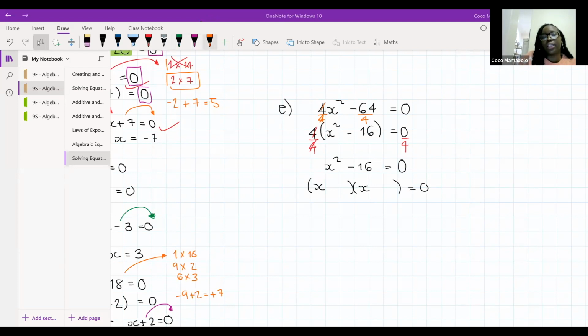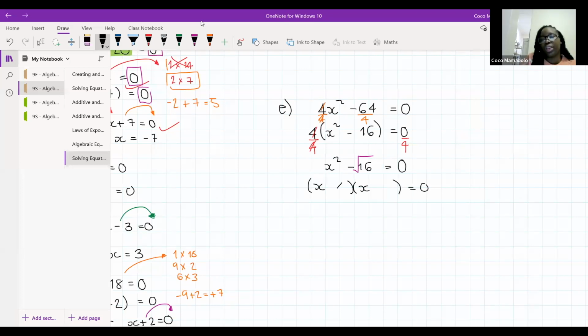In this case, Chief, we just need to take the square root of 16. Just take the square root of 16 and tell me what number we would get. Square root of 16 is 4.